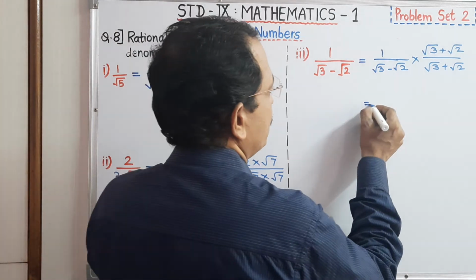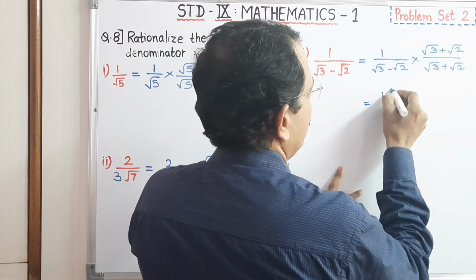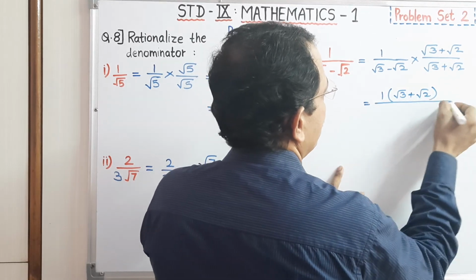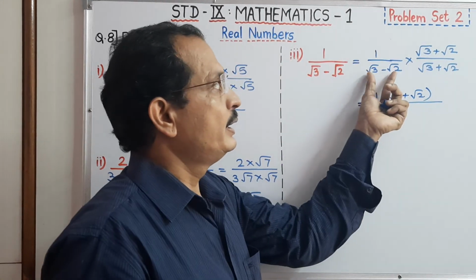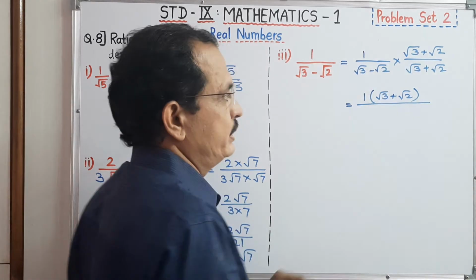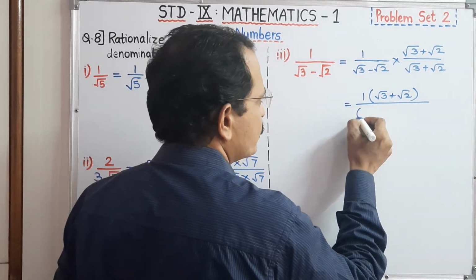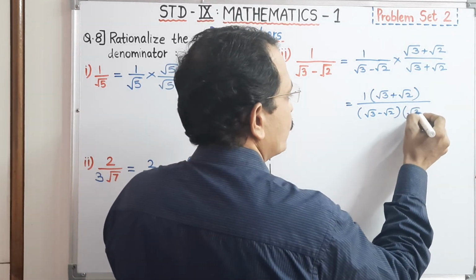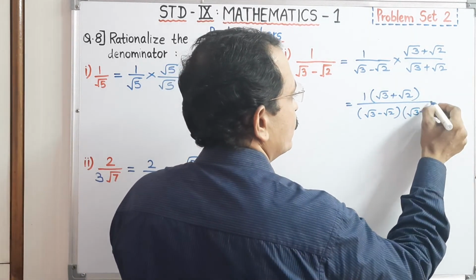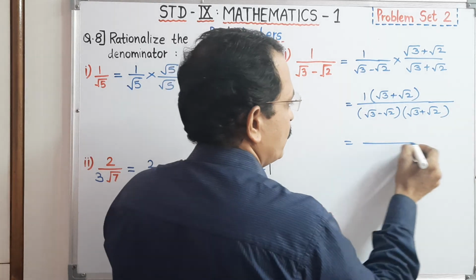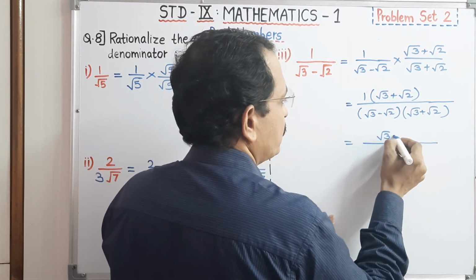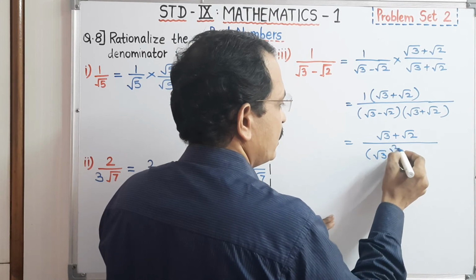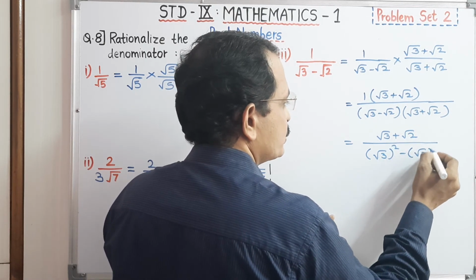Now do the multiplication. The numerator is 1 into root 3 plus root 2, and in the denominator it is a minus b, a plus b. First of all we write root 3 minus root 2 into root 3 plus root 2. Now see here, root 3 plus root 2 upon root 3 square minus root 2 square.